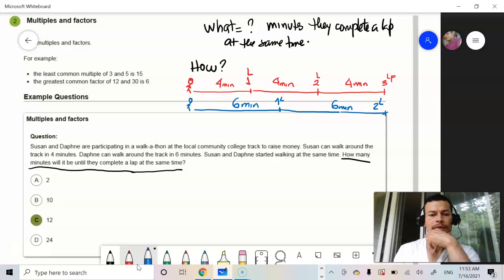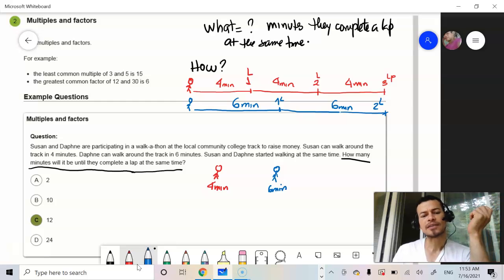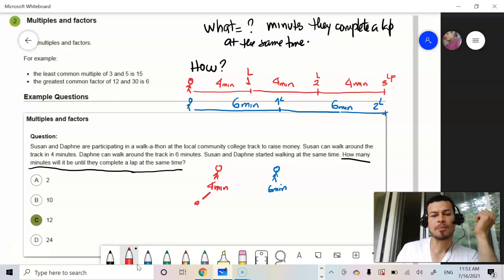I know that Susan takes 4 minutes, and I know that Daphne takes 6. So now let's see, which are the factors of 4? 4 can be decomposed as 2 by 2, and 6 can be decomposed as 2 by 3.